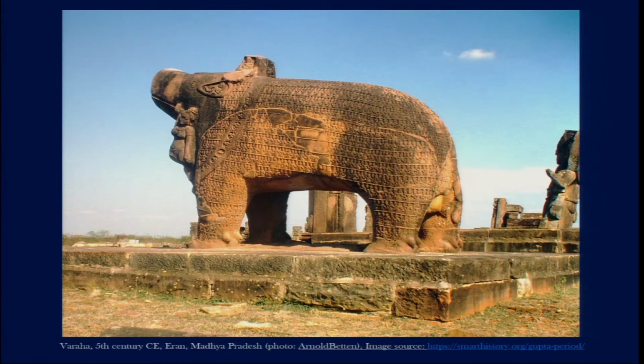So, here we find there are horizontal registers which run across the body, which almost look like a kind of covering which adorns the body of Varaha. And in all these horizontal registers, we find numerous images of devotees who are paying homage to Varaha avatara.